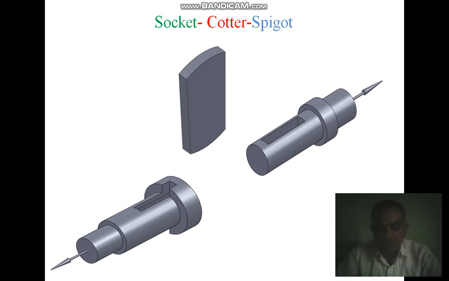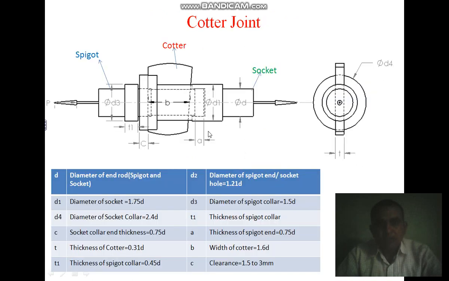The joint is tightened and adjusted by means of the wedging action of the cotter. In the construction, the socket and the spigot are connected, and between the gap you insert the cotter.